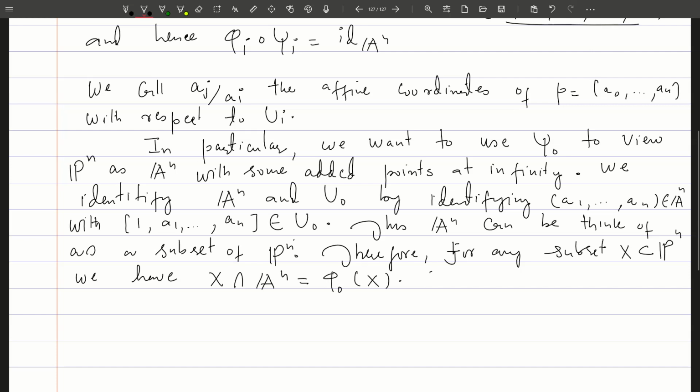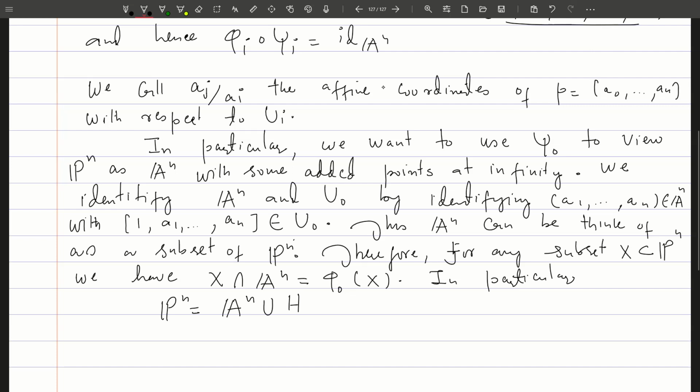So in particular, this Pn is actually the affine n space with some points at infinity.